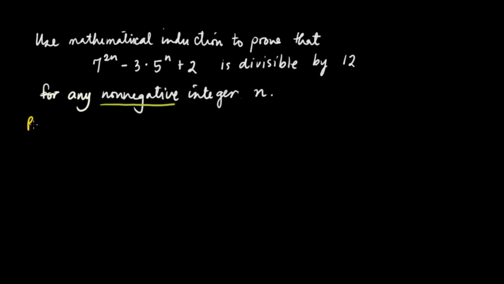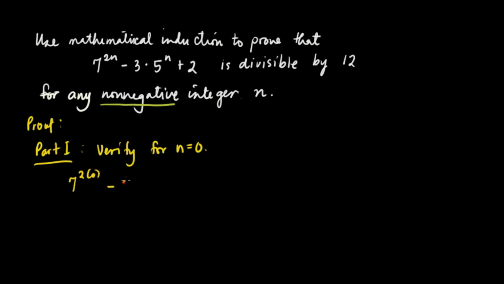For part 1, we're going to verify for n equals 0 instead of 1. So it will become 7 raised to 2 times 0 minus 3 times 5 raised to 0 plus 2 is equivalent to 7 raised to 0, it's 1, minus 3 times 1, it's 3, plus 2.